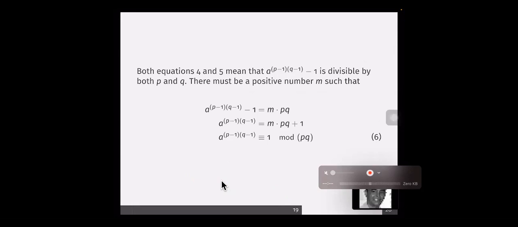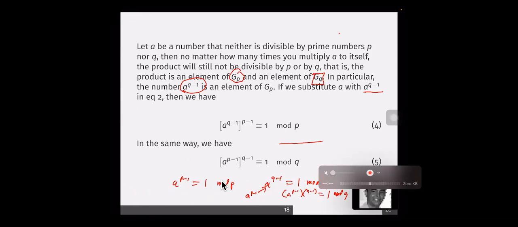So what do the two equations mean? If we go back here, the first equation, number 4, means that if you transpose the 1 to the left side, this quantity, a to the q minus 1 raised to the p minus 1, minus 1, is divisible by p.